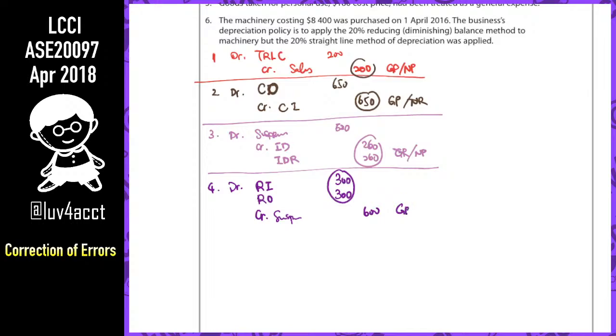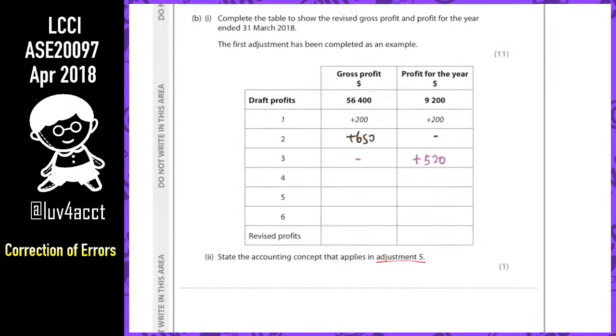That means gross profit will be affected negatively, and net profit will also be affected negatively, 600 minus for both. Usually I will use brackets, but because I see from the example it gives a plus sign, I will follow.